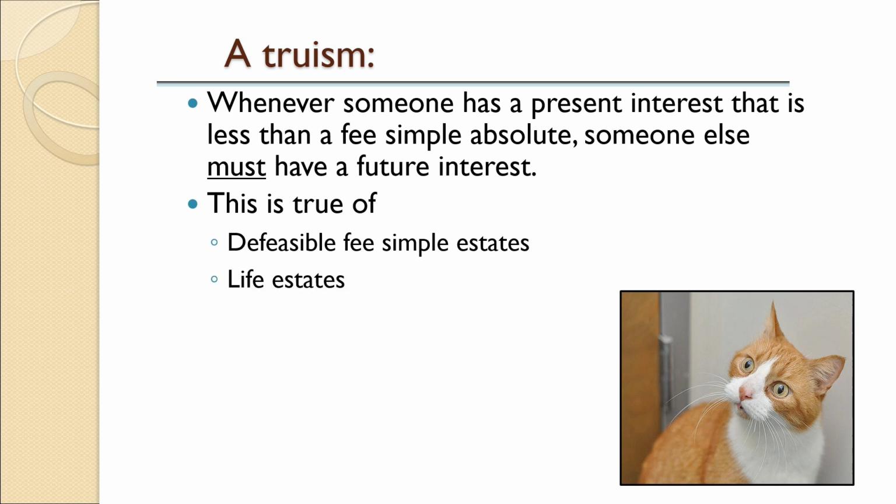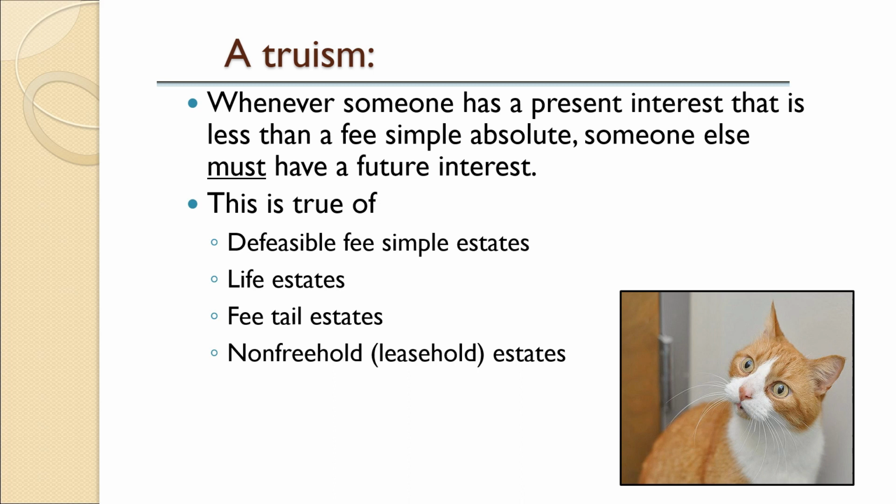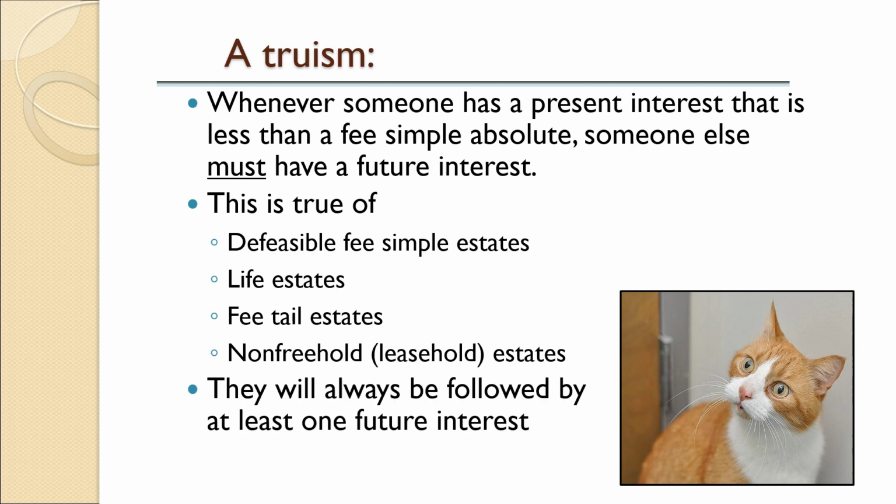It would also be true of a life estate, a fee tail estate, a non-freehold estate such as a leasehold, an estate for years, a fixed term, a periodic, or an estate at will. All of those are the non-freehold estates. Whenever anybody has any one of those estates, somebody else must have a future interest.